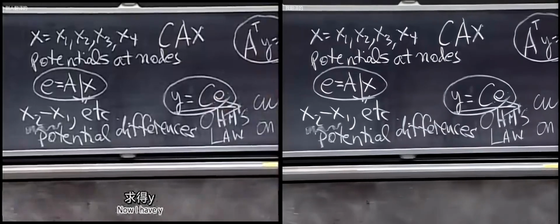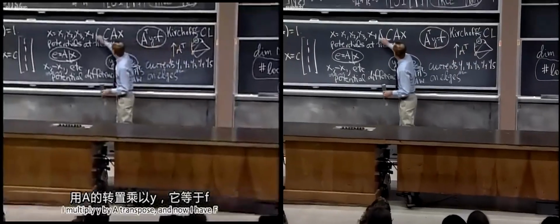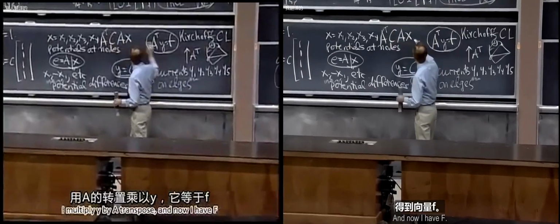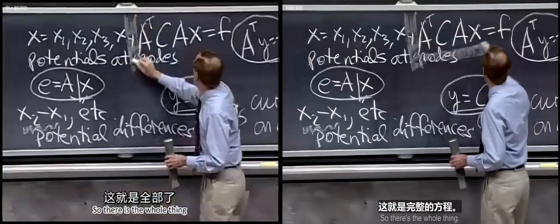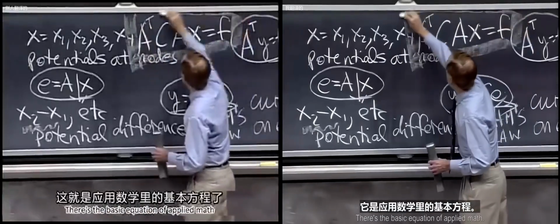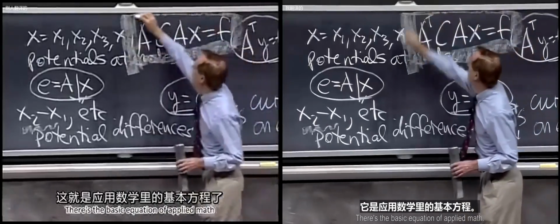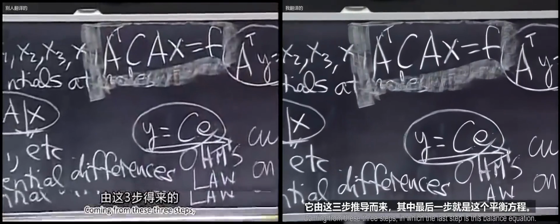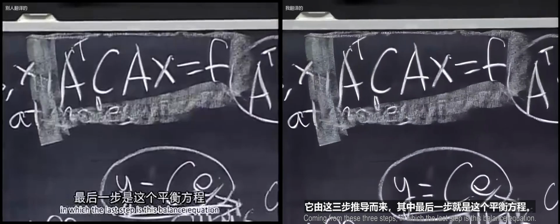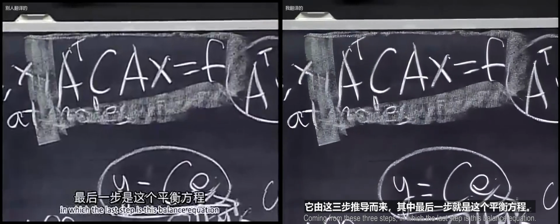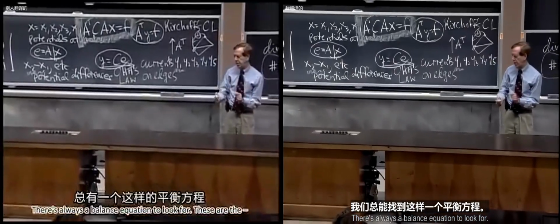Now I have Y. I multiply Y by A transpose. And now I have F. So there's the whole thing. There's the basic equation of applied math, coming from these three steps, in which the last step is this balance equation. There's always a balance equation to look for.